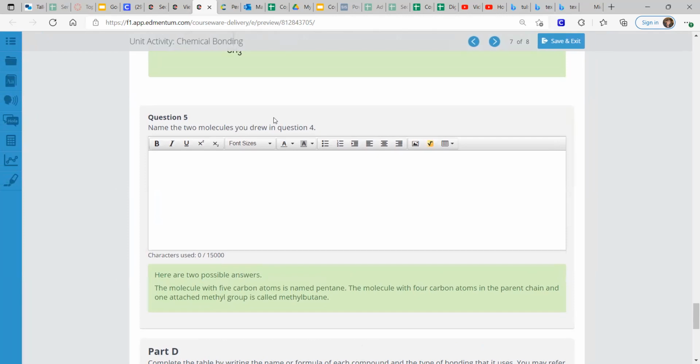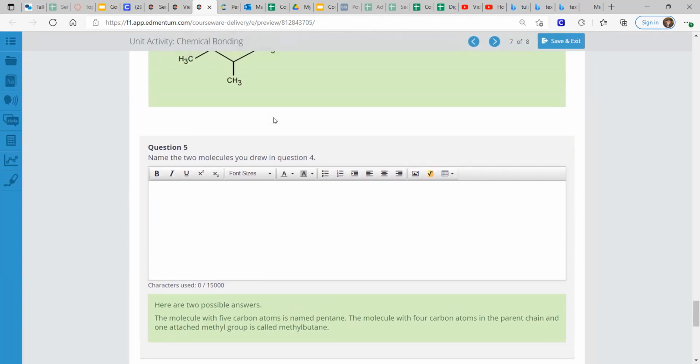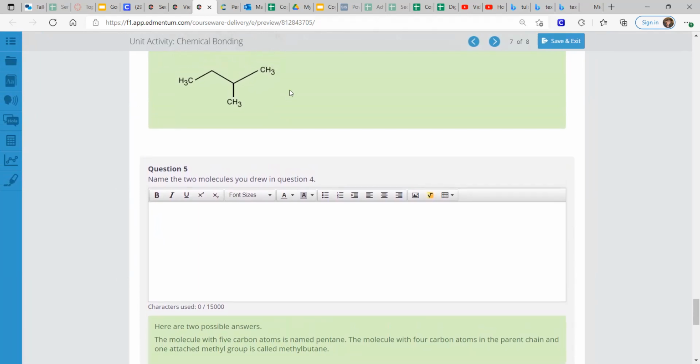Name the 2 molecules you drew in question 4. So the one with 5 carbon atoms is called pentane. Pent means 5. The molecule with 4 carbon atoms in the parent chain and 1 attached methyl group is called methylbutane.